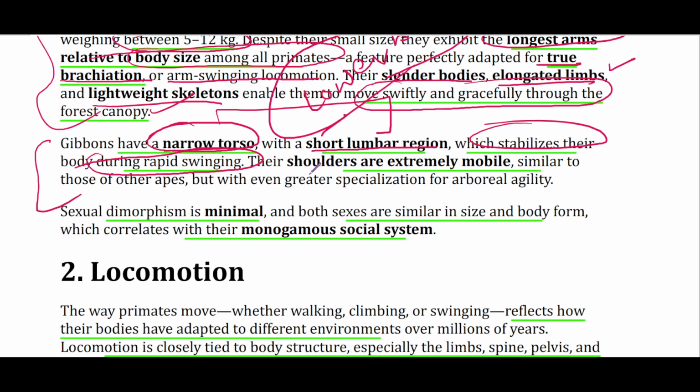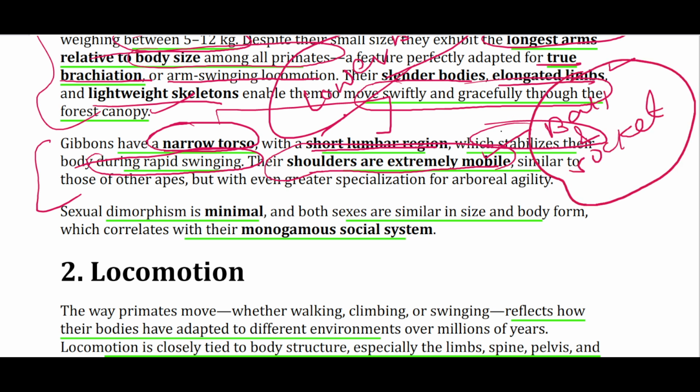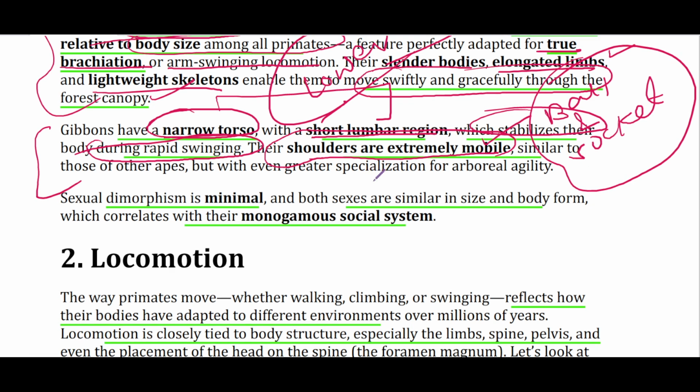Then they have extremely mobile shoulders, and this extreme mobility is facilitated by ball and socket joints in their shoulders. Since they are true brachiators, these specializations are necessary for their arboreal agility.